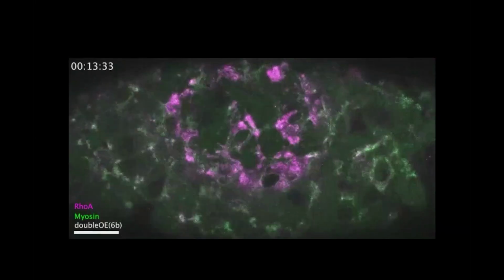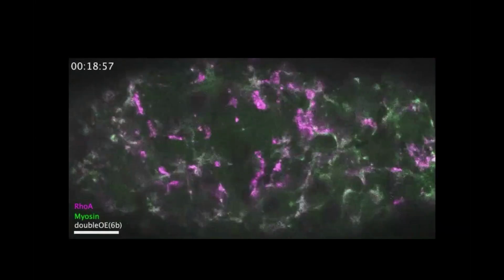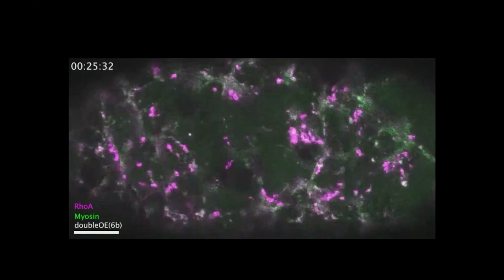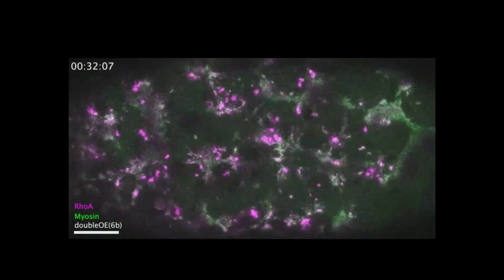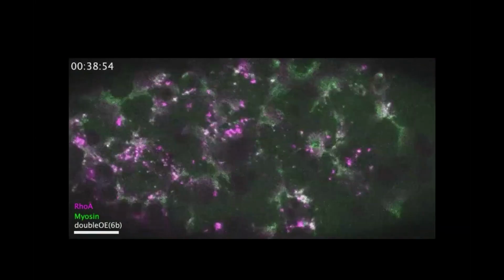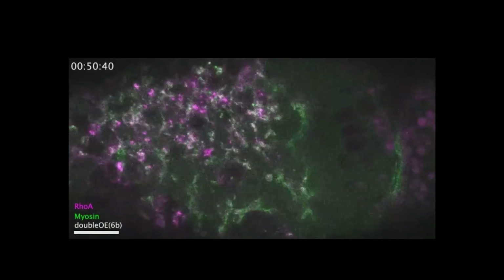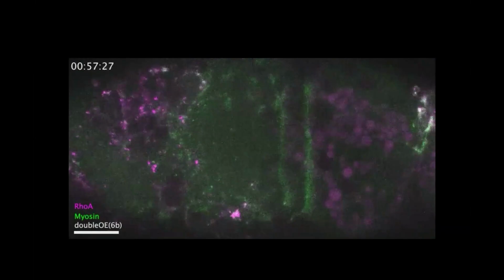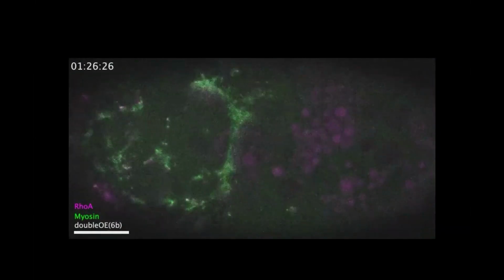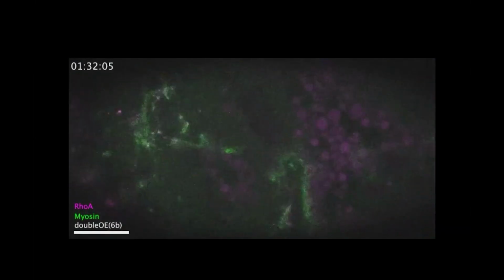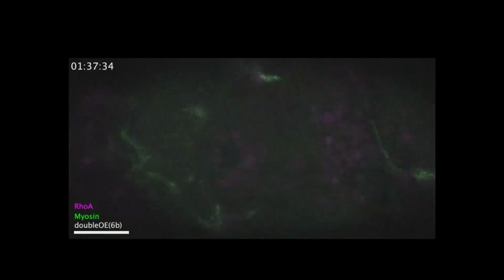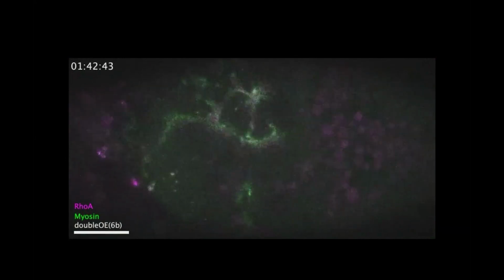So I don't know what actin is doing to restrain the Rho pathway from forming these aggregates, but it's a pretty universal feature in the early Drosophila embryo. And I don't know what is organizing those little spots, but we're still trying to figure that out.